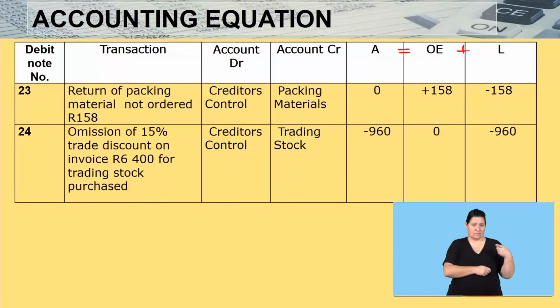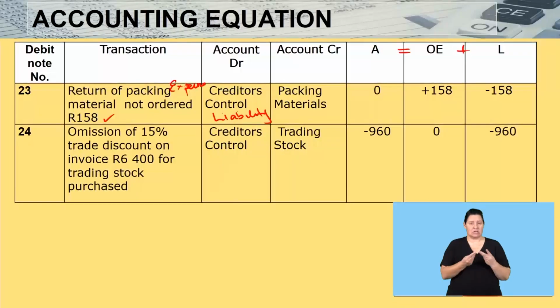The first one reads, returned packing materials not ordered, 158. So, two things you have to remember, that packing materials are an expense and creditors control are a liability.